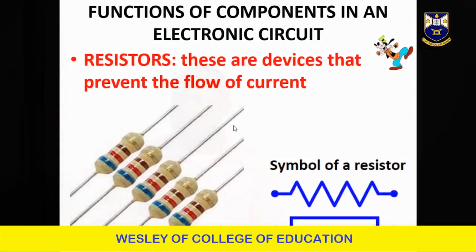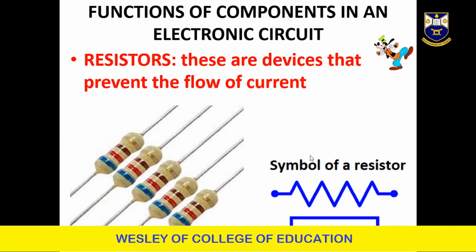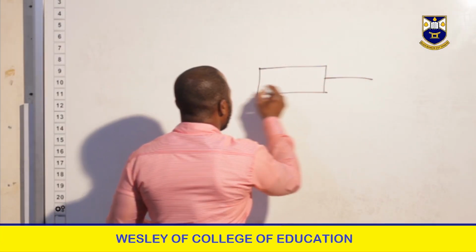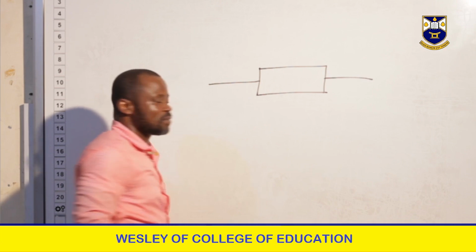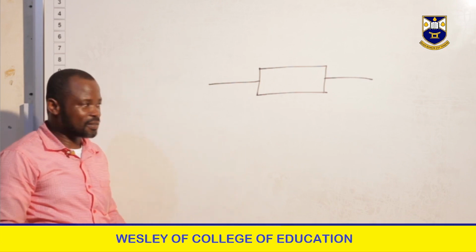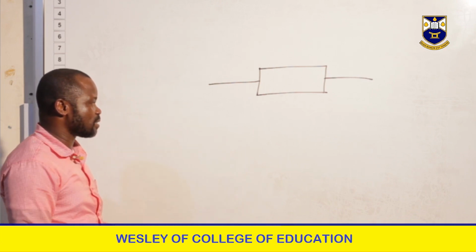Now this is the symbol for a resistor. Now this is very important. There are two symbols here, and so when you are drawing, make sure you draw properly. Now we know that you have to do something like this and put your wires at the tail end of both sides.